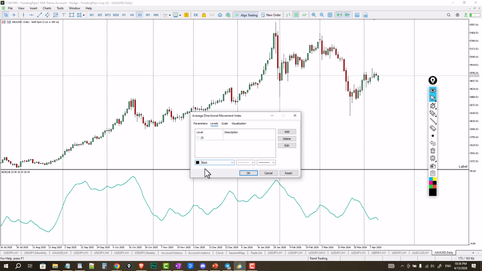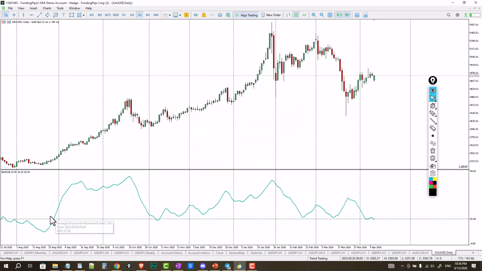I'm just going to color it black. Choose the color black in the color palette and keep this as a dotted line. That is just going to stand out on the indicators window more clearly. So I'm going to click OK, and you can see that now we have this dotted line running across the 25 level reading on the indicators window.